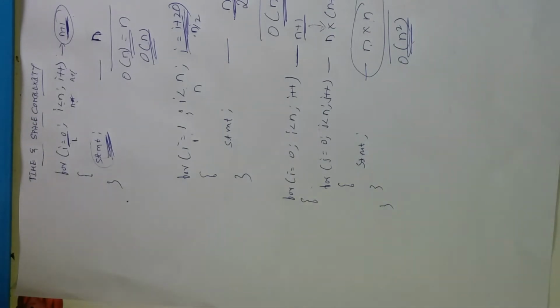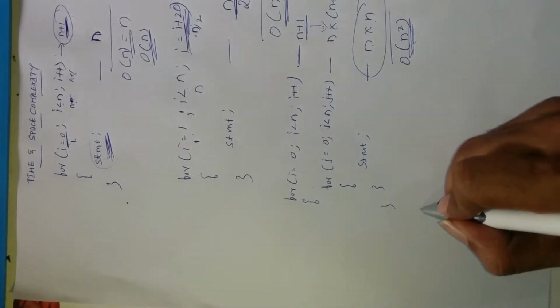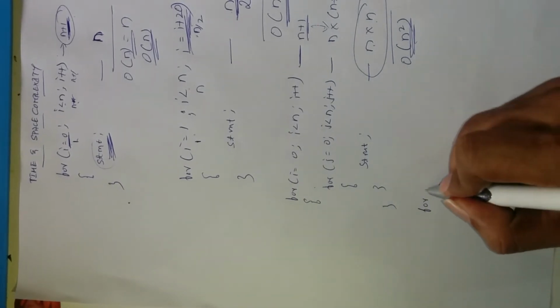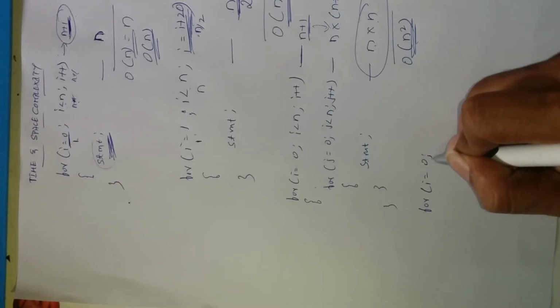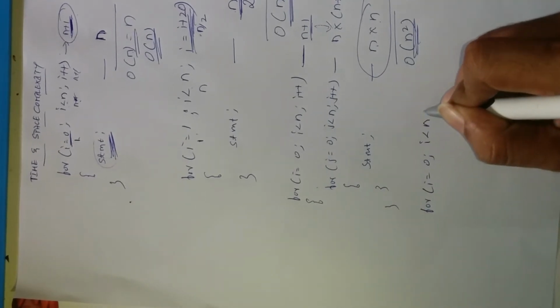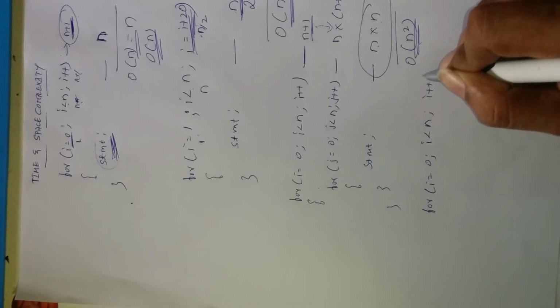Now, we'll go to a very important algorithm, a very important time problem to solve. How to solve? By using the tracing method. First, we'll take for i is equal to 0, i less than n, i plus plus.